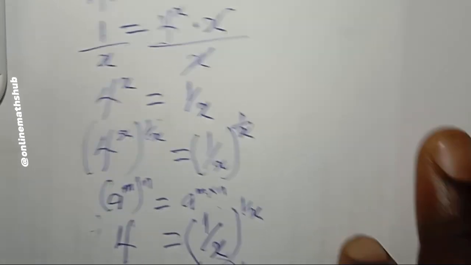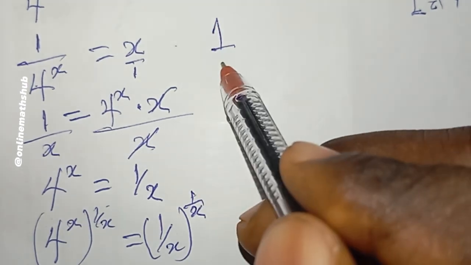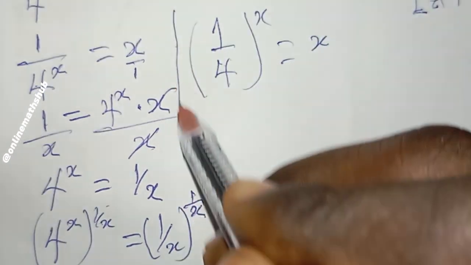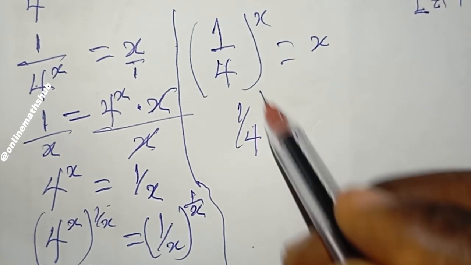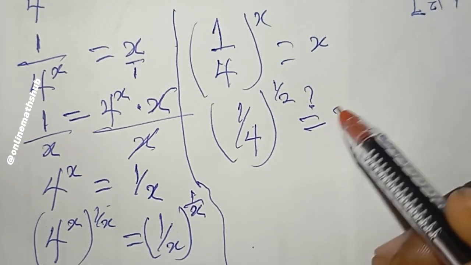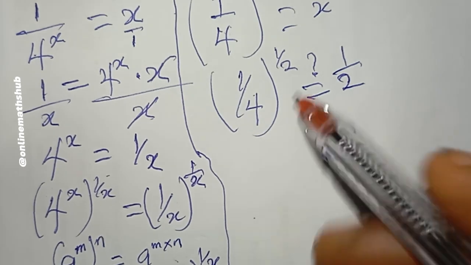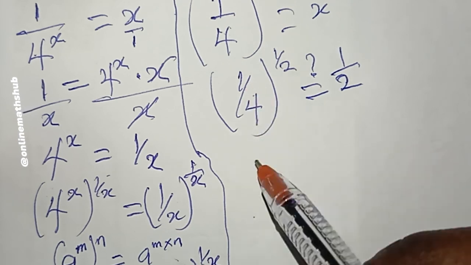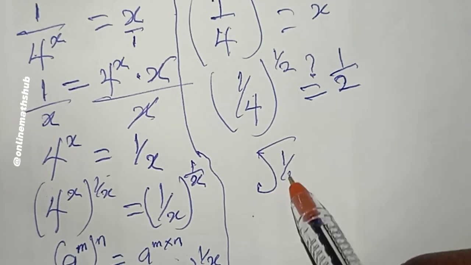Now we can do a quick check to see whether it satisfies the equation. What we are solving is (1/4)^x is equal to x. We want to find out whether 1/2 satisfies this. So I have (1/4)^(1/2). Will that give us 1/2? It's simple to see, because (1/4)^(1/2) is the same as the square root of 1/4, so we want to see whether it equals 1/2.